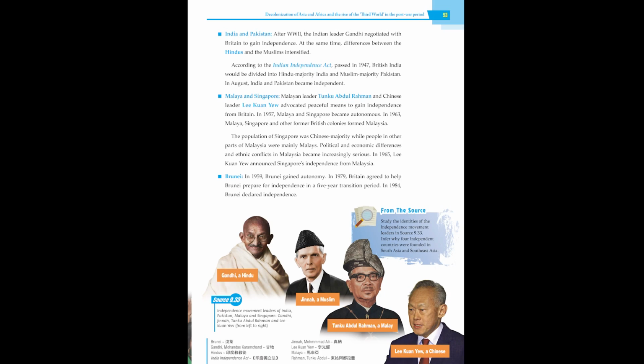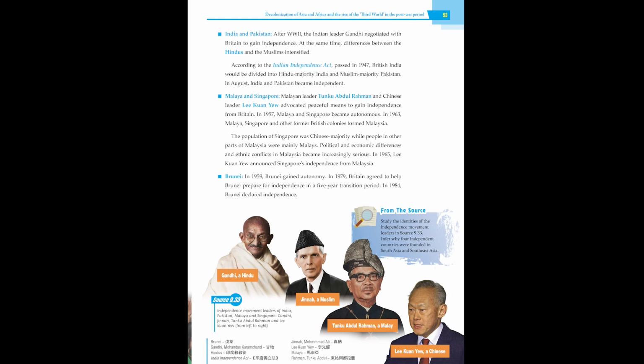Malaya and Singapore. Malayan leader Tunku Abdul Rahman and Chinese leader Lee Kuan Yew advocated peaceful means to gain independence from Britain. In 1957, Malaya and Singapore became autonomous. In 1963, Malaya, Singapore, and other former British colonies formed Malaysia.